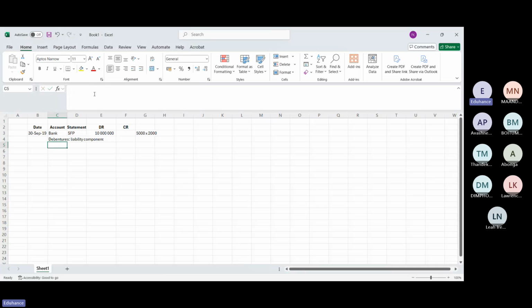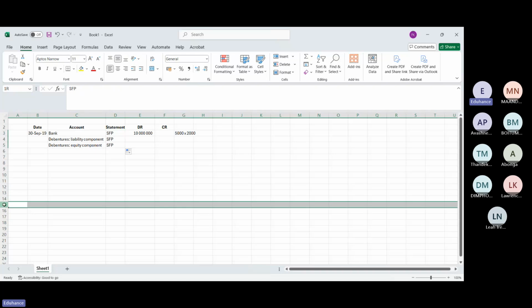And we will have debentures, and that will be the equity component. Just take note of that. If this was not a convertible instrument, it would simply have been credit debentures. But because it is a convertible instrument, there will be two components. So now we're going to work out the components. The first part, let me just do this quickly.